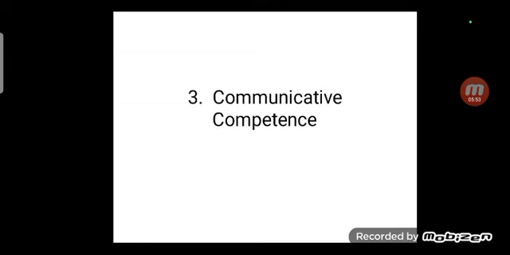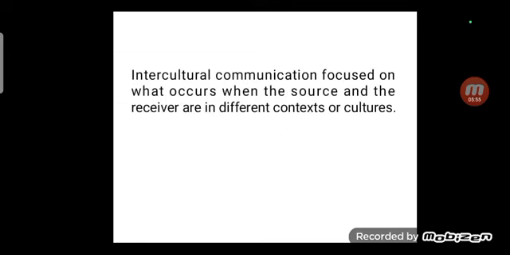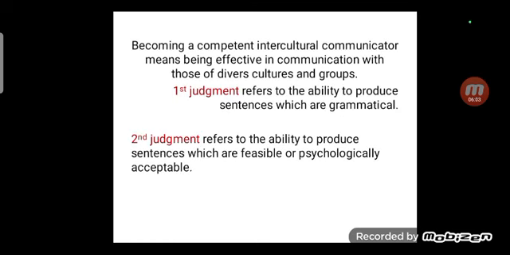And three, communicative competence. Intercultural communication focuses on what occurs when the source and receiver are in different contexts or cultures. Becoming a competent intercultural communicator means being effective in communication with those of diverse cultures and groups. First, judgment refers to the ability to produce sentences which are grammatical.